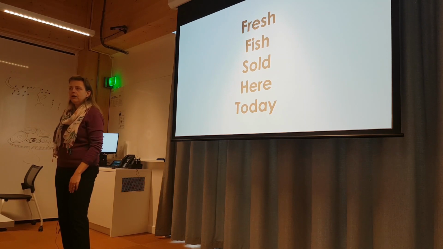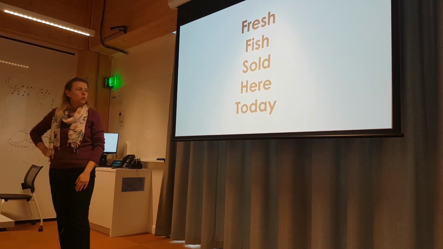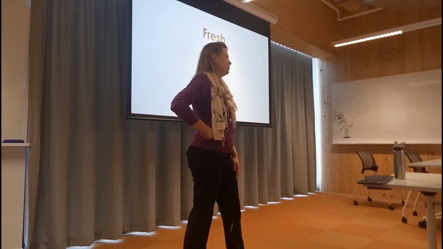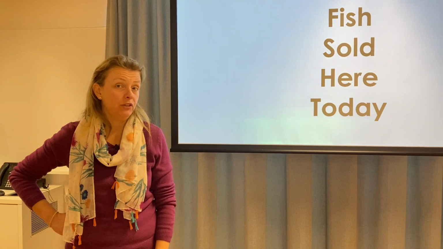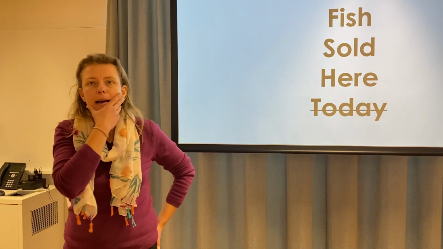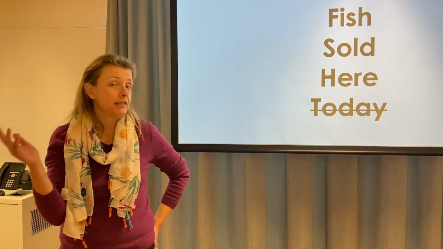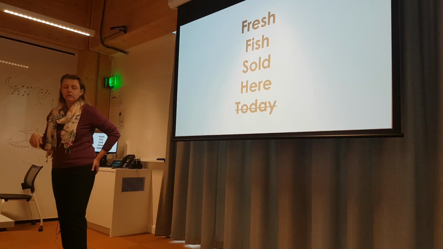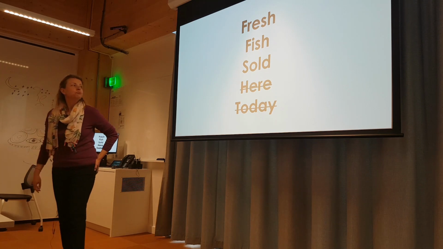Okay, so how can I afford this? Well, what are you selling tomorrow? Fish. What are you selling the day after that? Fish. You can probably get rid of that one then. Okay. Are you going to sell it anywhere else other than here? No. Cool. Get rid of that one.